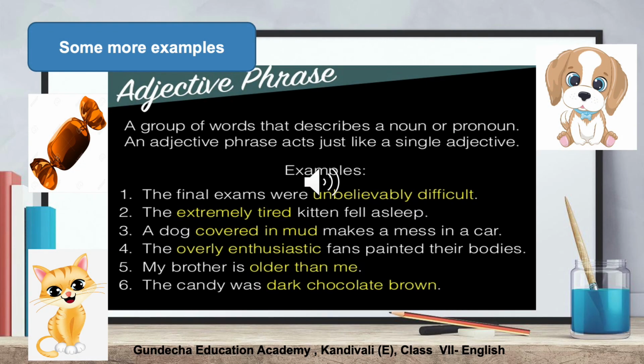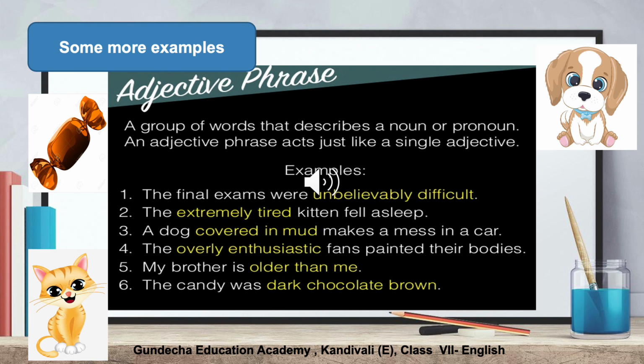Let us look at some more examples of adjective phrases. The final exams were unbelievably difficult. The extremely tired kitten fell asleep. A dog covered in mud makes a mess in a car.